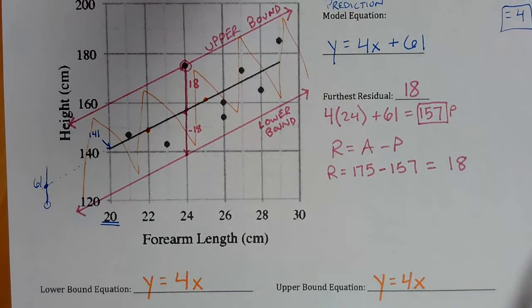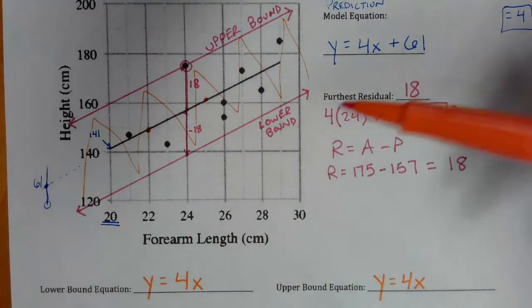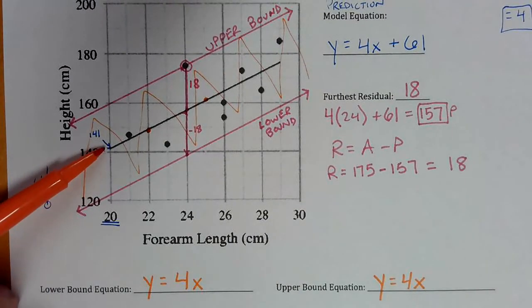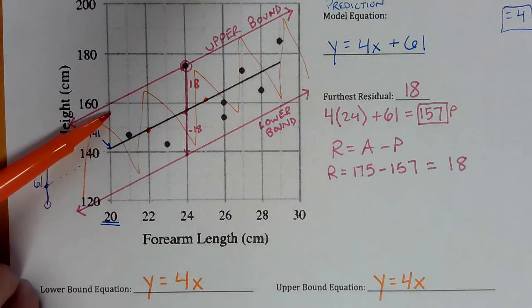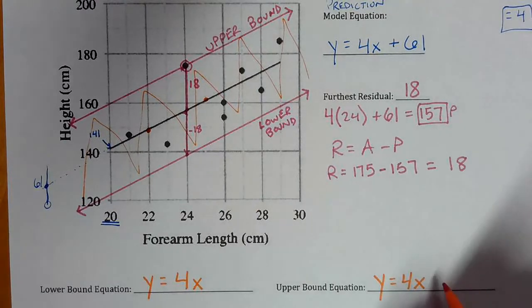So I take my y-intercept of 61 for the line of fit. Now remember, this isn't the y-axis, but it's to demonstrate it. I would add 18 to find out where it would be on the y-axis. We're talking about the upper boundary, so I take 61 and add 18.